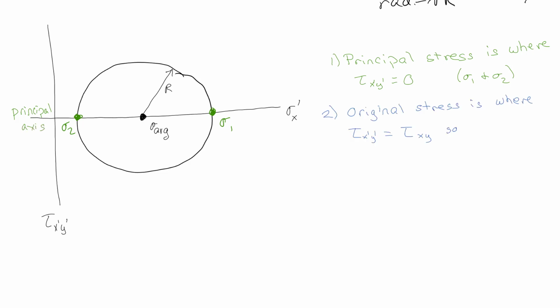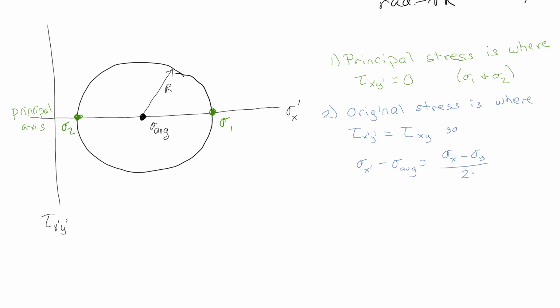Now, the original stress, if we're wondering where we came from, is where we are on the circle, on the tau x'y' axis, where we would get the value of the original tau xy. So what that means is that the sigma x' minus the sigma average would need to equal the sigma x minus sigma y divided by 2.